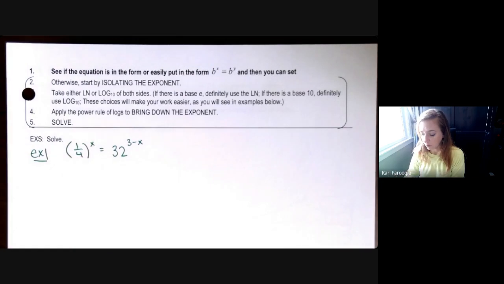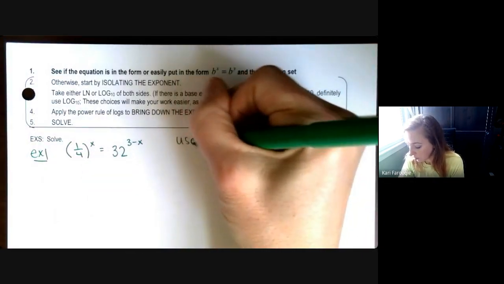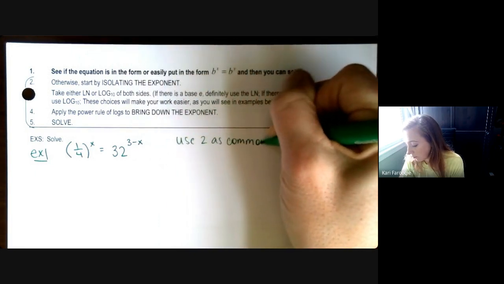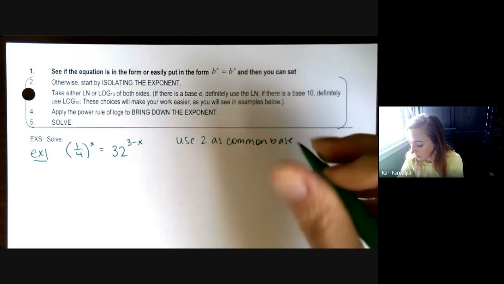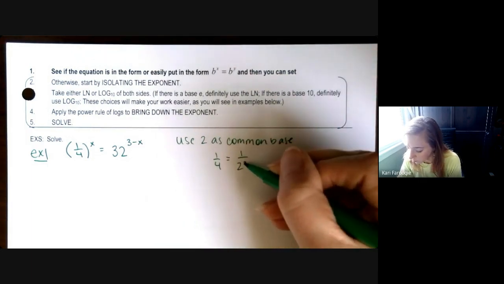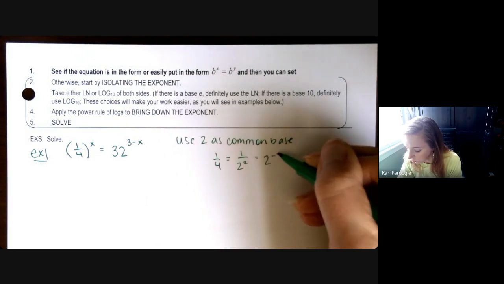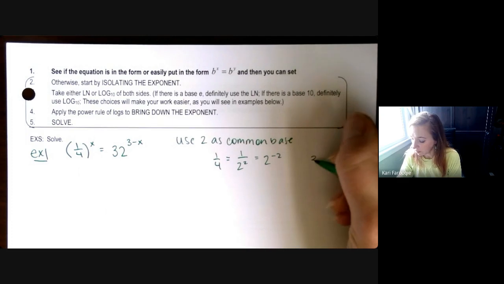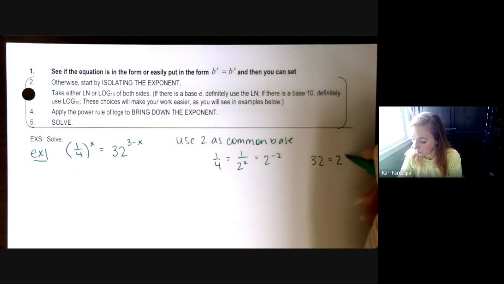So I'm thinking about using the number 2 as the common base. 1/4 is 1 over 2 squared, which is 2 to the negative second power. And 32 is 2 to the 5th power.